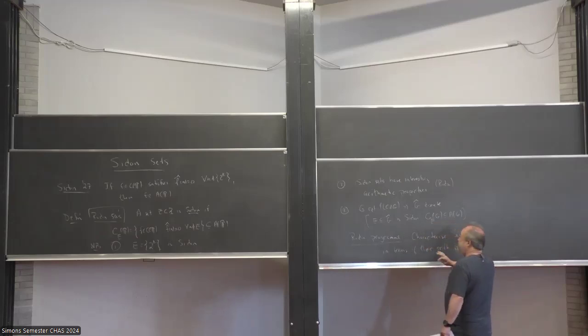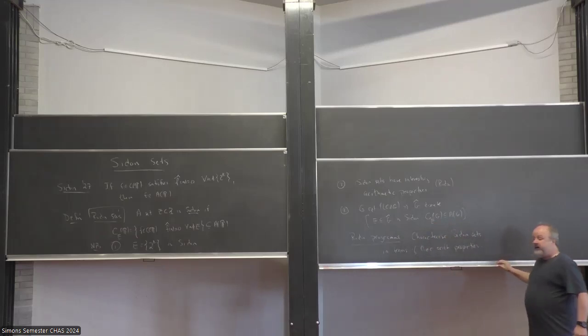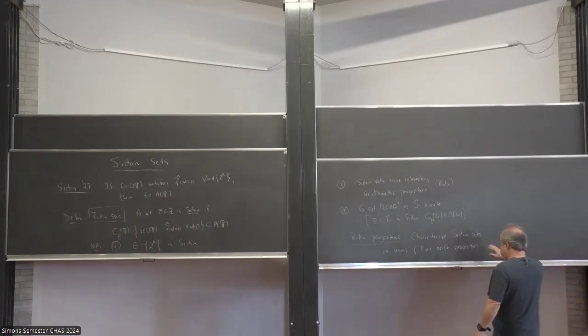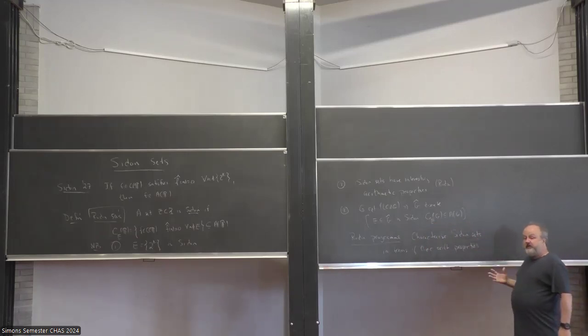And he sort of gave a guide. He actually showed exactly what he meant by that, because he had all of these lemmas. If the set is a Sidon set, then it has these various arithmetic properties. And can you actually, in some sense, do these properties characterize when it's Sidon?